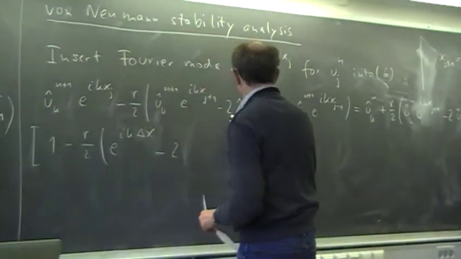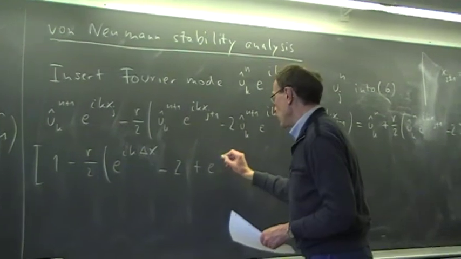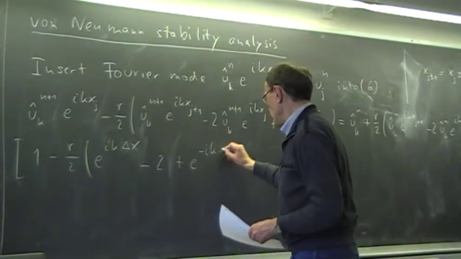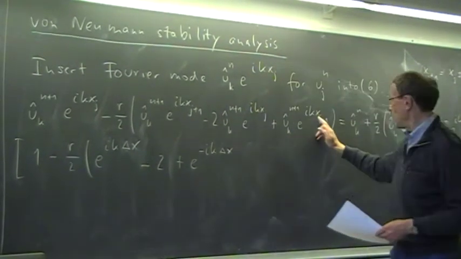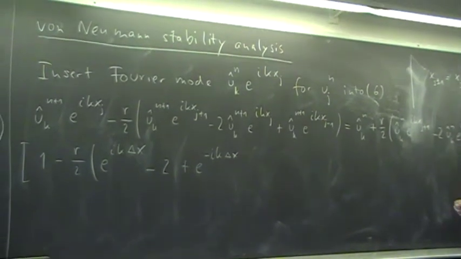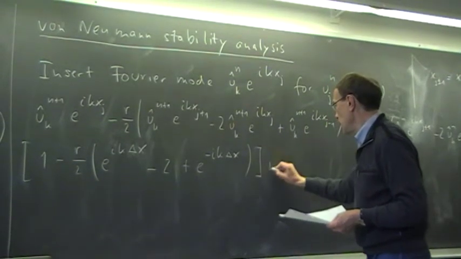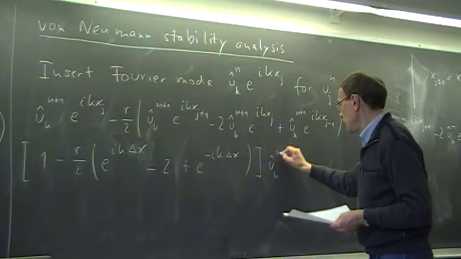Minus 2, that can be done directly, and from there we get e^(-ik delta x), because here we have x_j minus delta x. So then we have this on the left-hand side, and we have factorized the amplitude at the new time level.